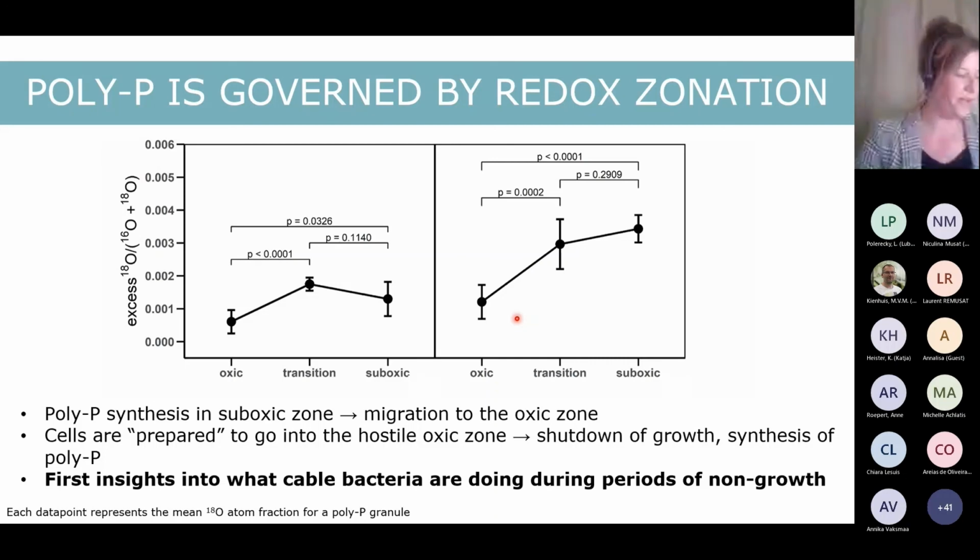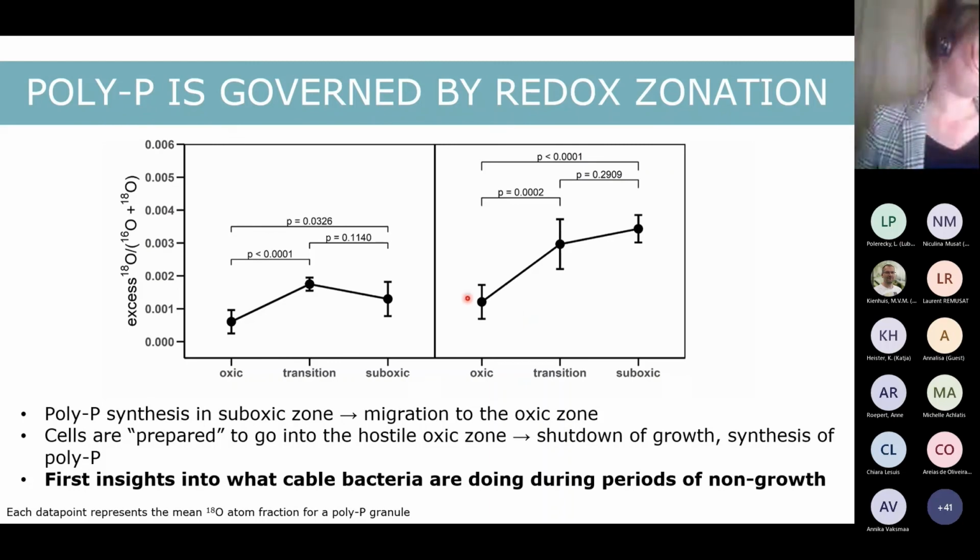We know that cable bacteria move around in the sediment, and working from the hypothesis that they cannot generate energy in the oxic zone, we hypothesized that these cells migrated from the suboxic zone to the oxic zone.